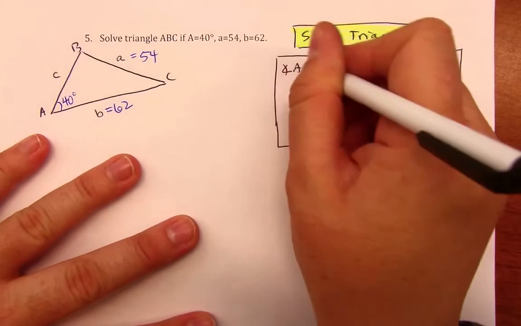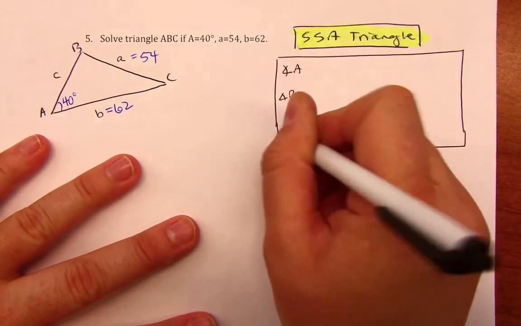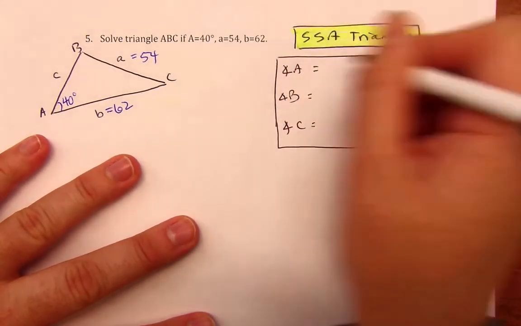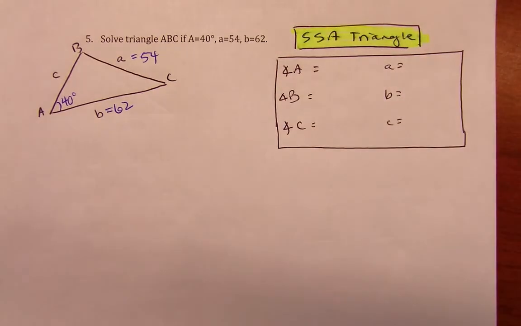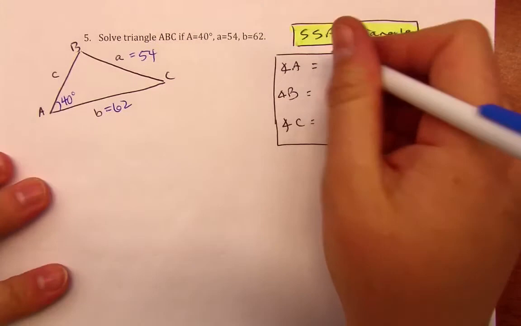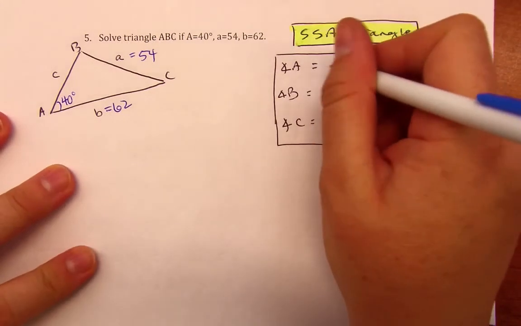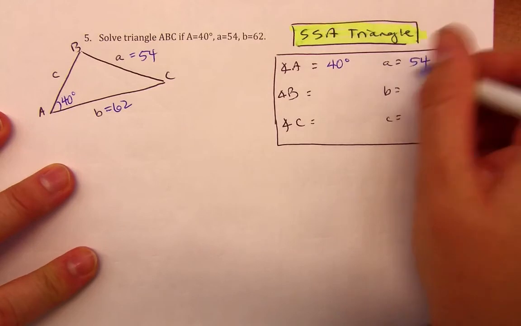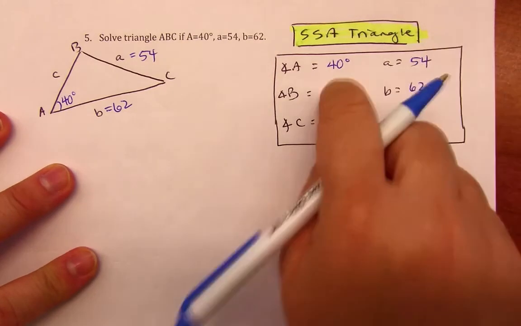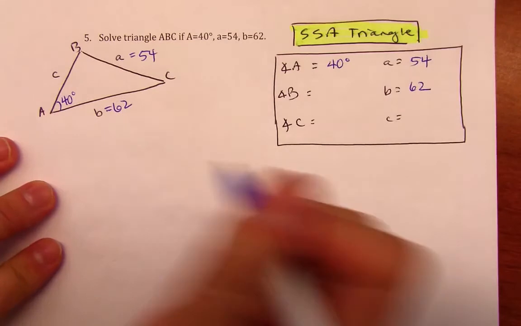So angle A, angle B, angle C, side A, side B, side C. And let's go ahead and fill in what we know. We know that angle A is 40, side A is 54, and side B is 62. So we need to find that angle B.